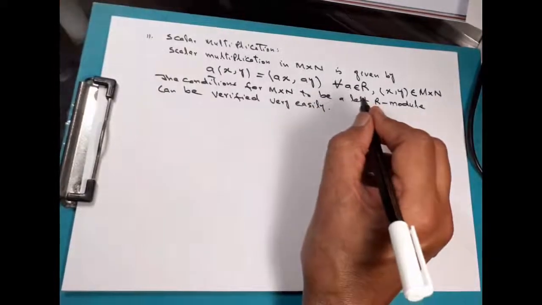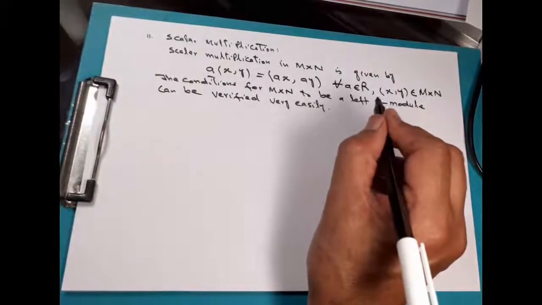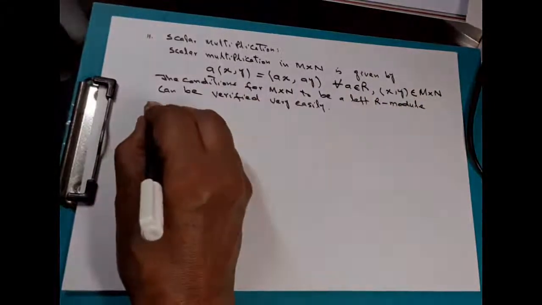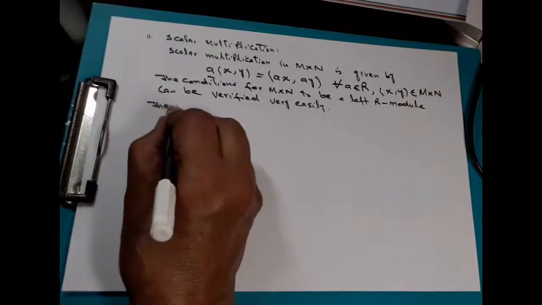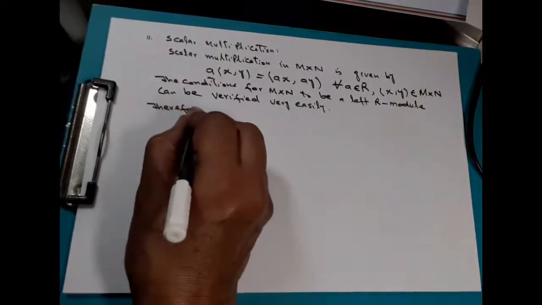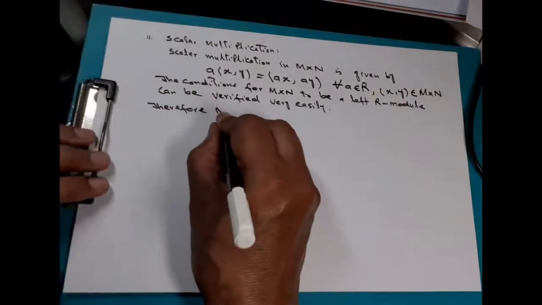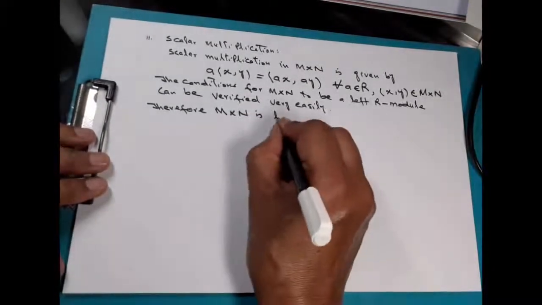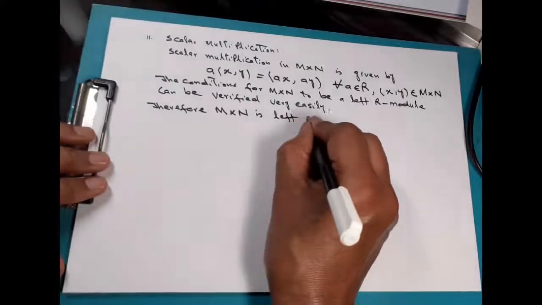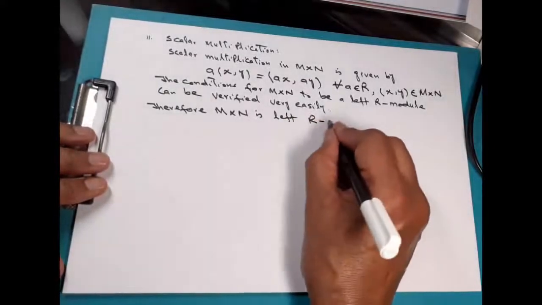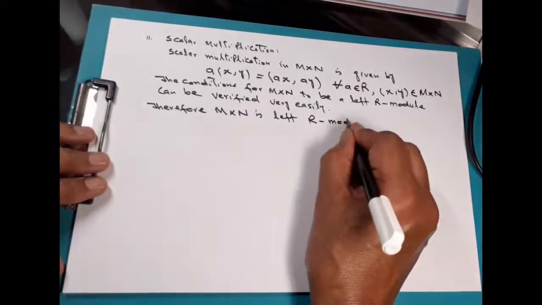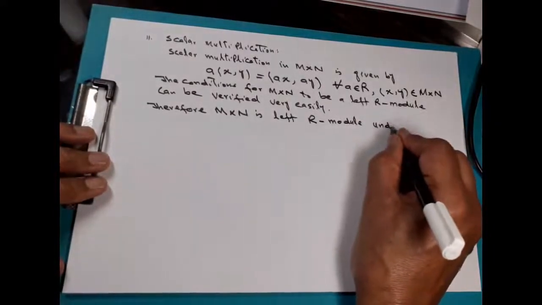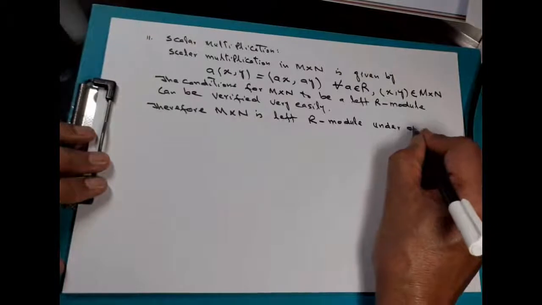So what we have established is that M cross N is therefore a left R-module under the operations defined above.